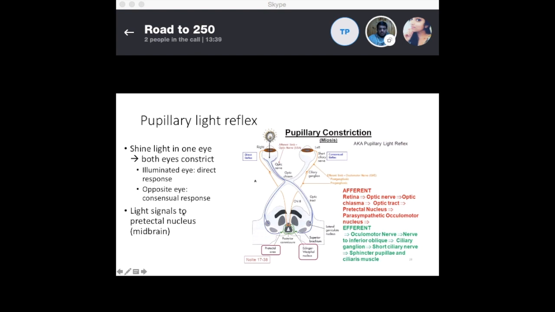So when you have the light, your cranial nerve 2 right here will take it down to the pretectal nucleus. This is roughly where the pretectal nucleus is. Once the pretectal nucleus receives a signal, it sends a bilateral signal to the Edinger-Westphal nuclei, which are slightly up above here.